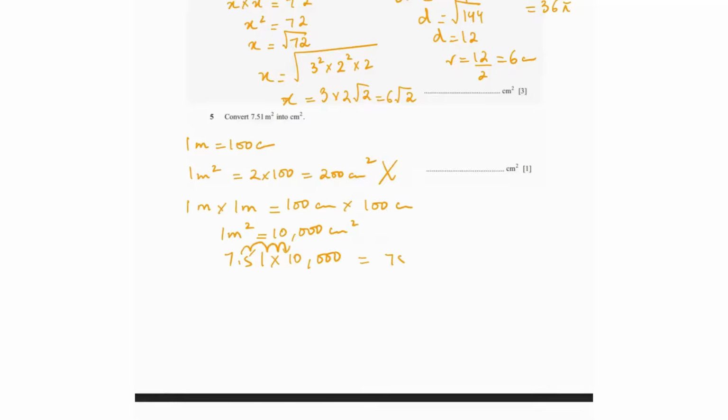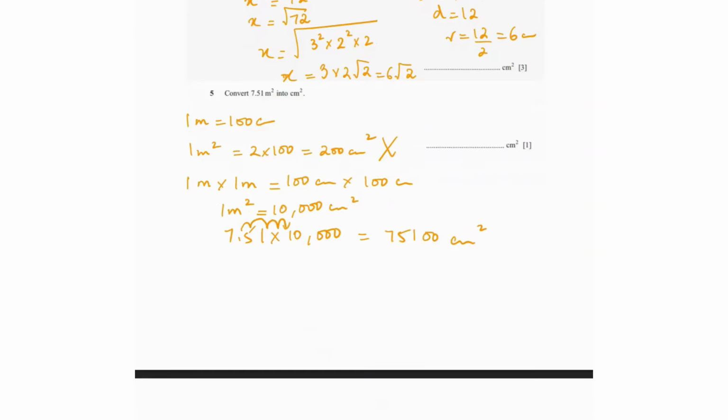That's 75100 centimeters squared. So remember, if they're adding a power to the metric unit, you will multiply by that factor that many times. If it's square, you multiply it 2 times. If it's cube, you multiply it 3 times. So make sure to not make this mistake. This is very easy, easy scoring marks that you can score to improve your grade.